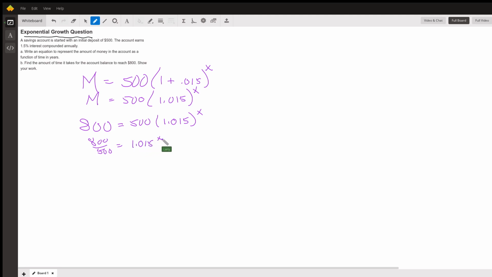Now, when your variable is up as an exponent, that's when we use logarithms. So we have, I want to write up here on the right, log of 8 over 5, since 800 over 500 is 8 over 5, equals log of 1.015 to the X. Now, if you know your properties of logarithms, you'll know that if you take the log of something to a power, you can bring the power out front, X times the log of 1.015.